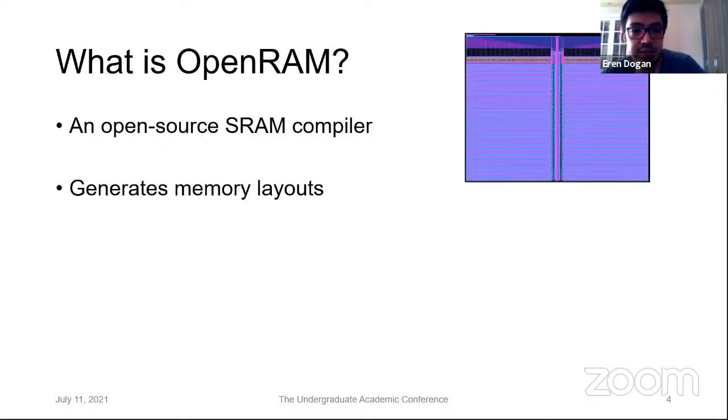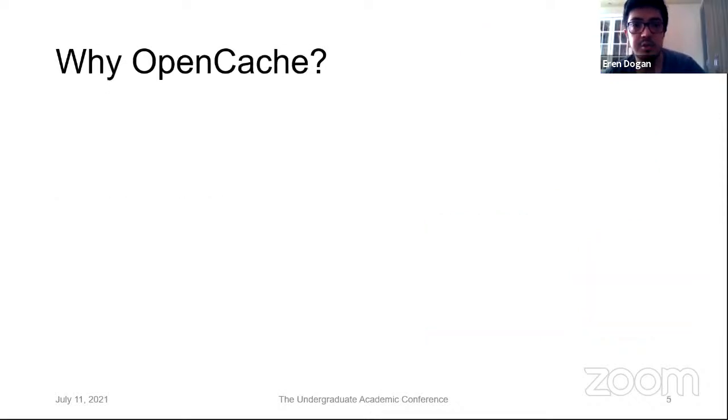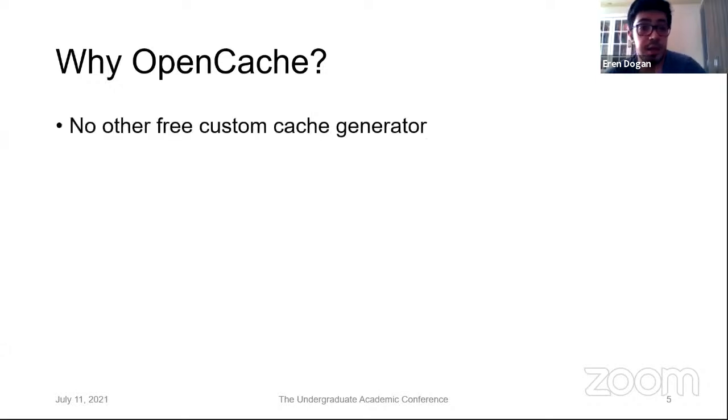It basically generates memory layouts for your desired SRAM, so that you can send those files to a fab and manufacture your SRAM memory. It's developed by Professor Matthew Guthaus from UC Santa Cruz. It's also written in Python. So why OpenCache? There are no other free custom cache generators which are also open source.